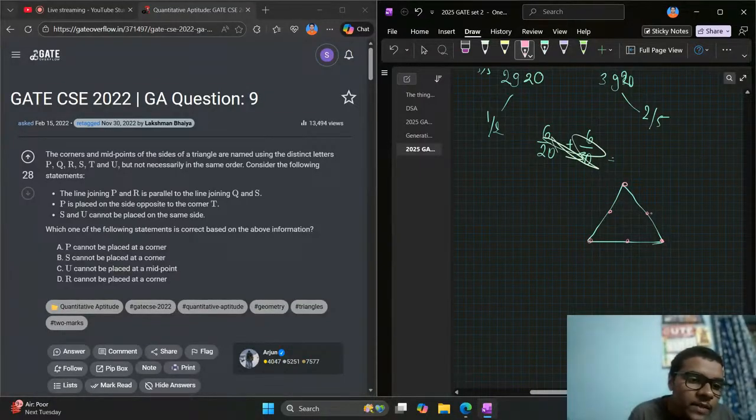The line P and R is parallel to the line joining Q and S. There is only one parallel pair possible.